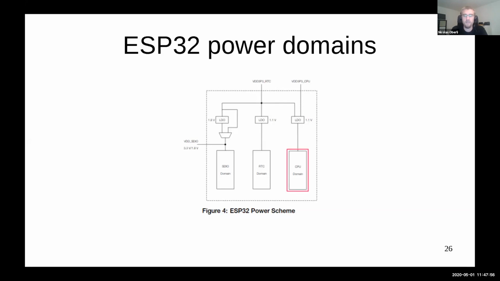From the power domains information in the datasheet, we see that our CPU domain is right here. It's powered by a voltage regulator, which is just a bit above. And this voltage regulator is directly connected to those two pins on the chip, VDD3P3_RTC and VDD3P3_CPU.